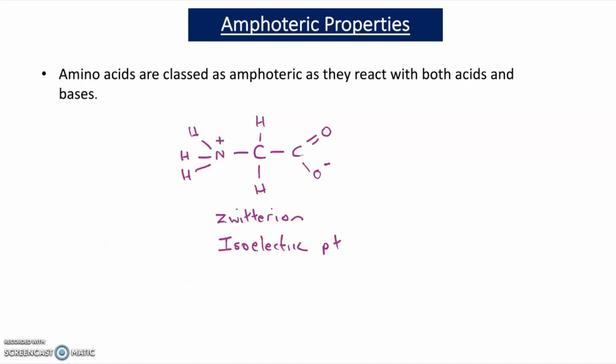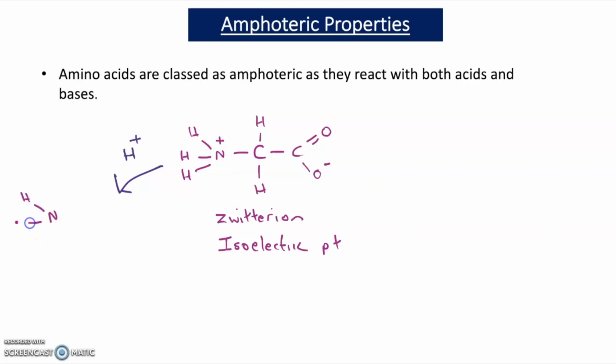Now, a zwitterion only exists at a certain pH, and that pH is called the isoelectric point. And if we go to a lower pH than the isoelectric point, or a higher pH than the isoelectric point, the zwitterion no longer exists.